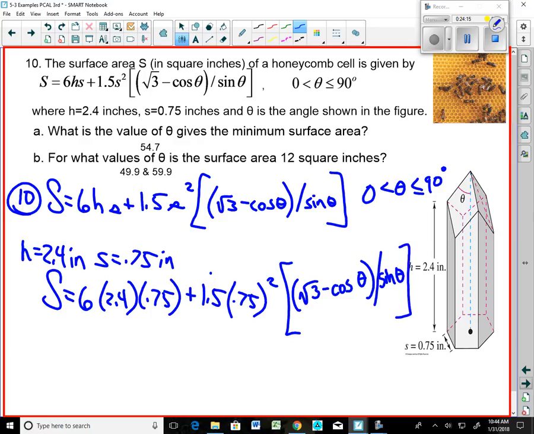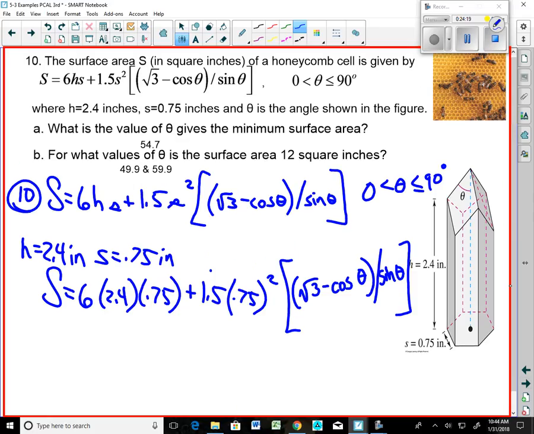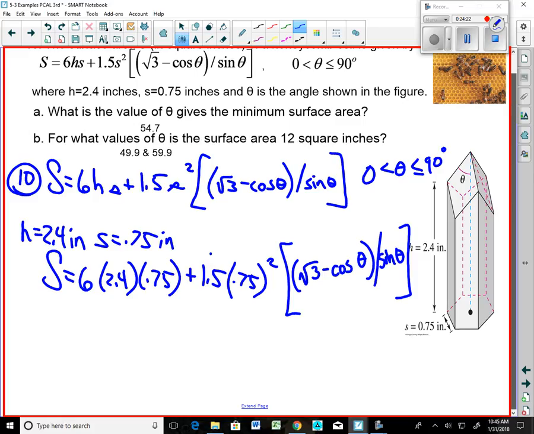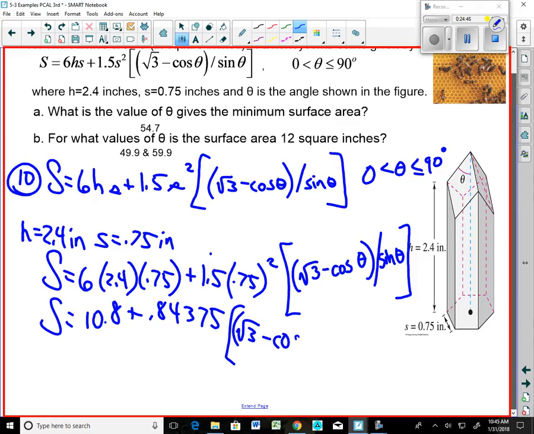There we go. And so we've got all that. So really, all of this can be moved over there as we look at that. I have just the next thing written down. I have that that's 10.8 plus 0.84375, and then times the quantity square root of 3 minus cosine theta divided by sine theta.